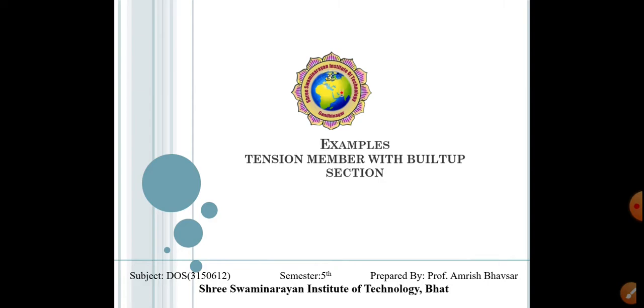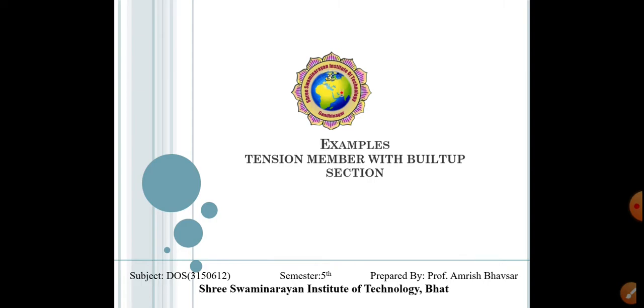From those three, whichever is smaller, that capacity is considered as the design tension capacity of the member. Up to here we have taken only a single member.